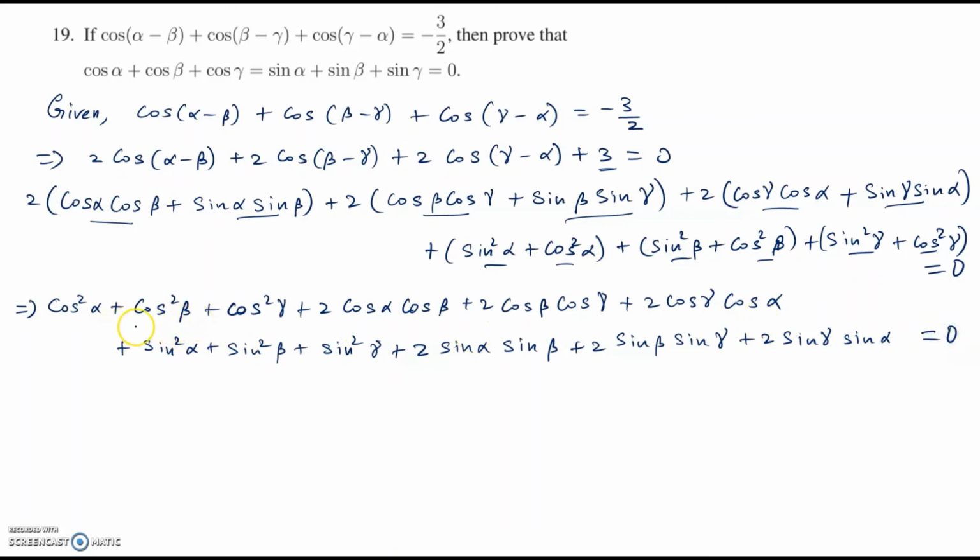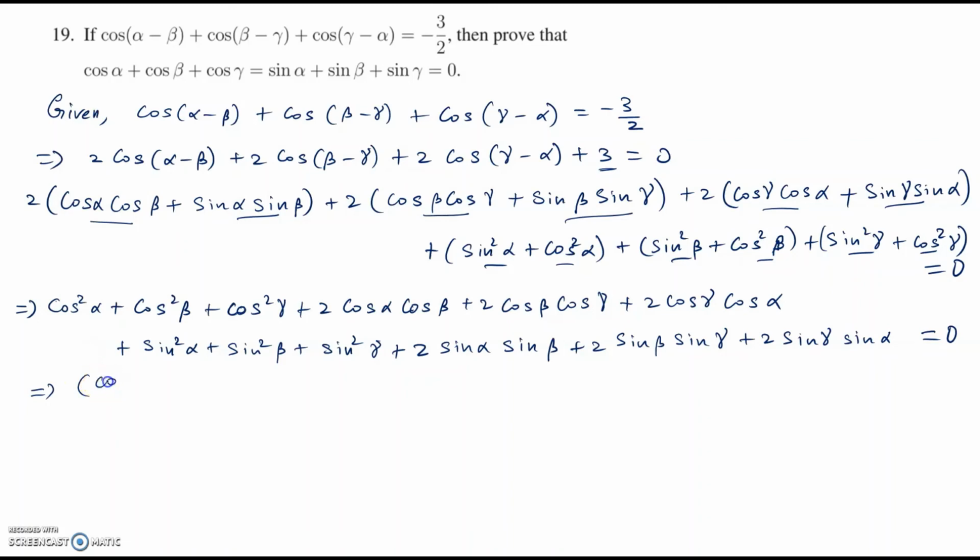Now if you see, this is nothing but (a plus b plus c) the whole square. This is a squared plus b squared plus c squared plus 2ab plus 2bc plus 2ca. So this is nothing but (a plus b plus c) the whole square.